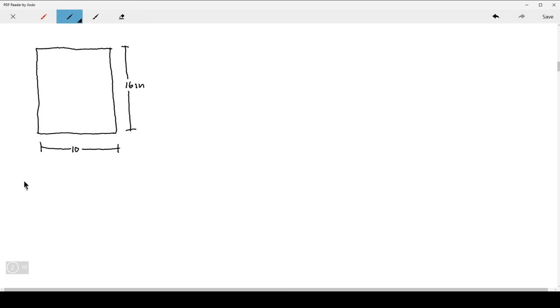Now what I want to do is pull out of each corner a square. The same size square out of each corner. And then fold up what's left, right?